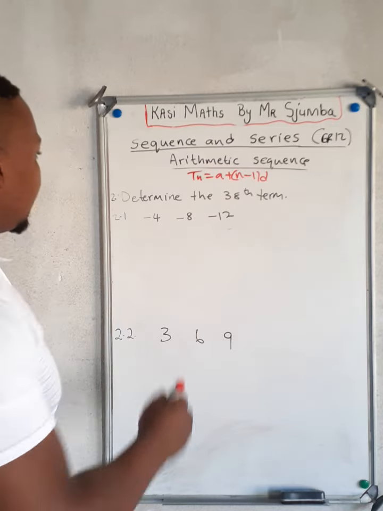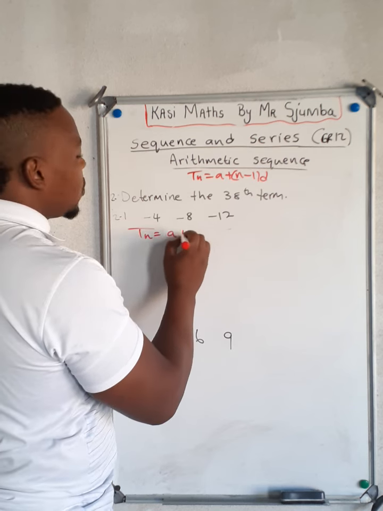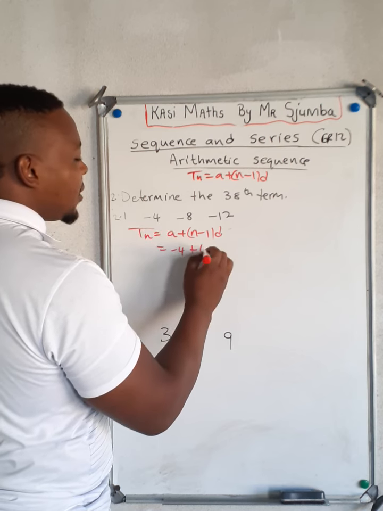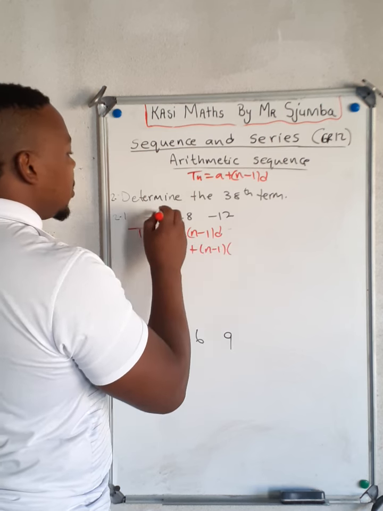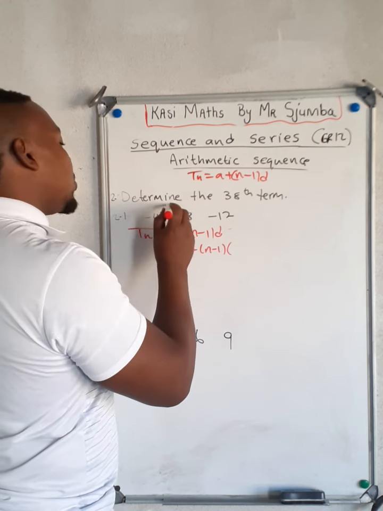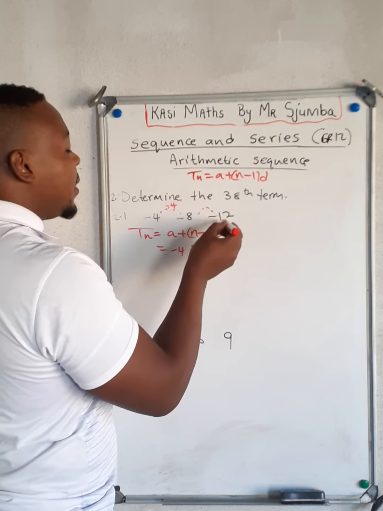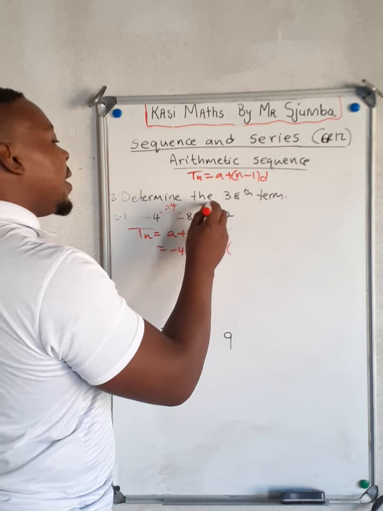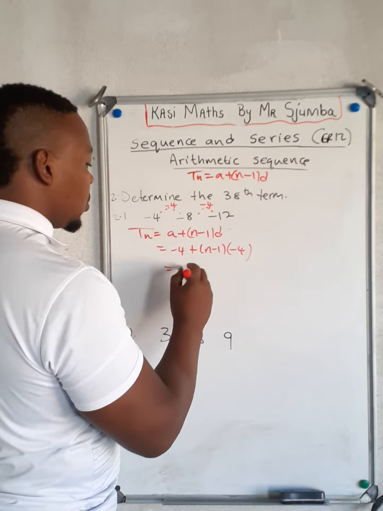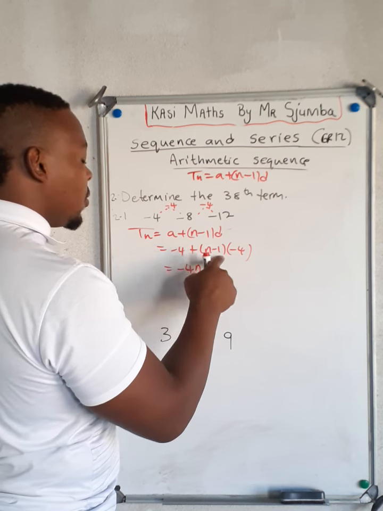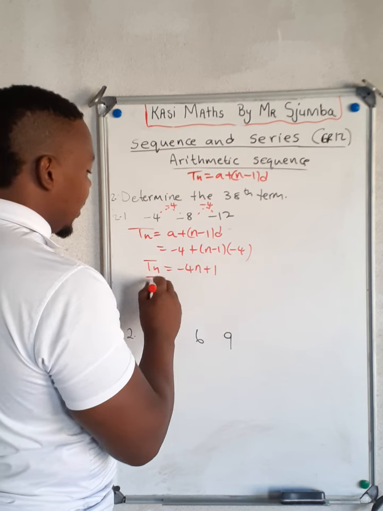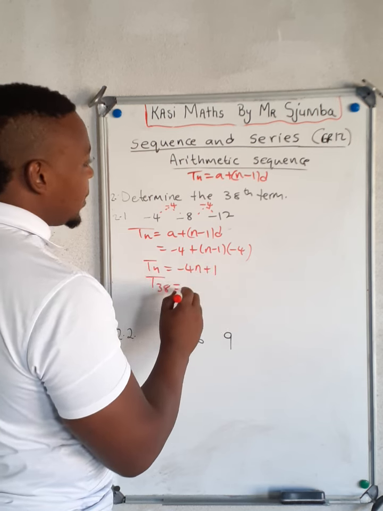The first term is minus 4, plus n minus 1 times the difference. The difference is minus 8 minus minus 4, which is minus 4, and minus 12 minus minus 8 is also minus 4. So we know the difference is minus 4. This is our Tn.